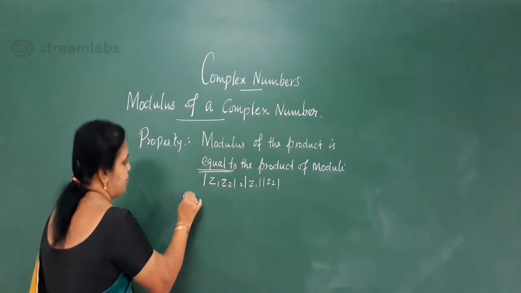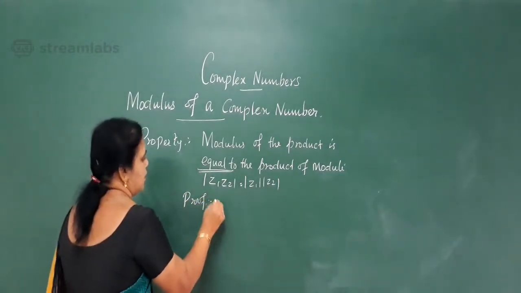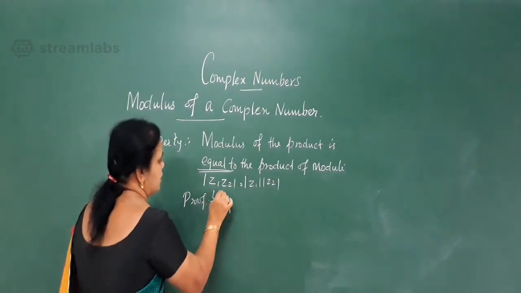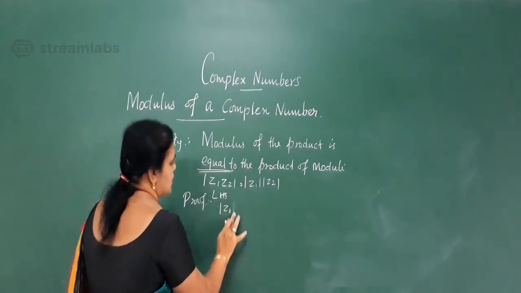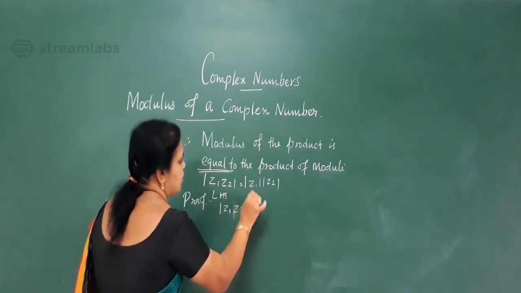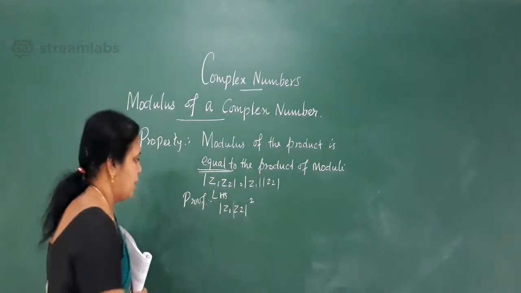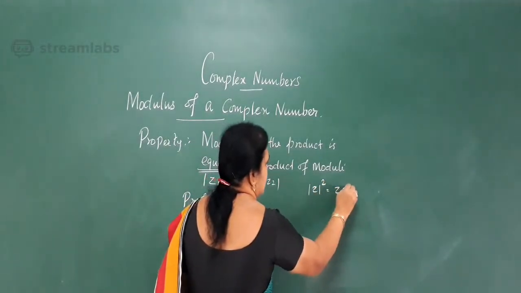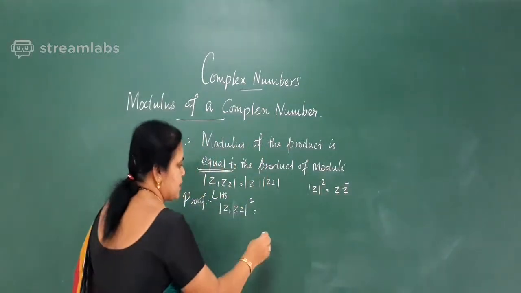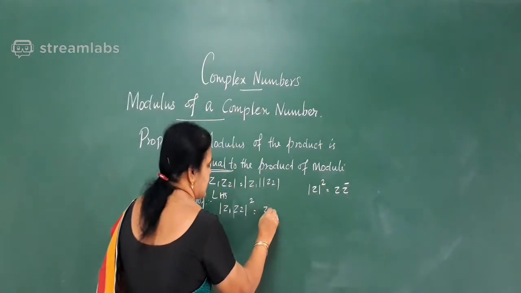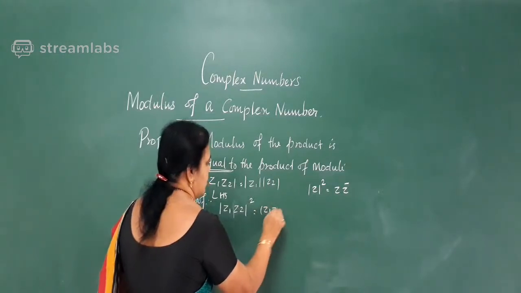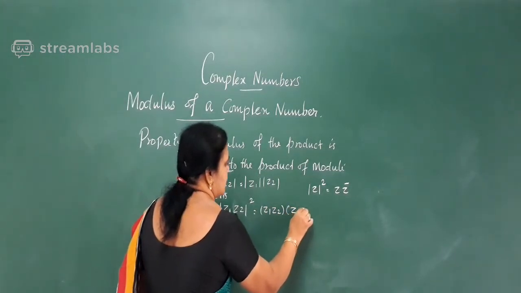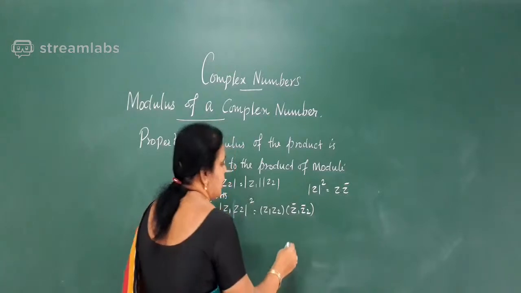Proof. I am going to take the LHS, modulus z1 z2, and I am taking the square. Modulus z square means z into z bar. By using this property, z1 z2 into z1 bar z2 bar.